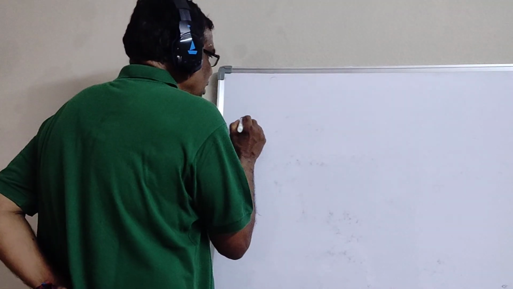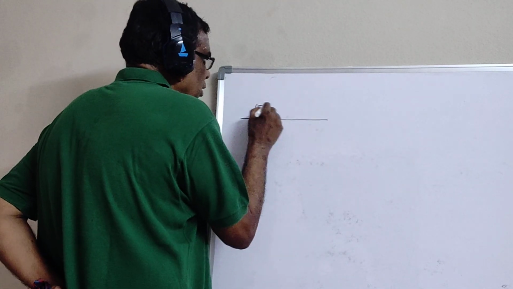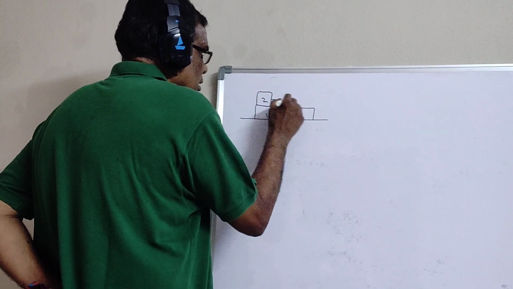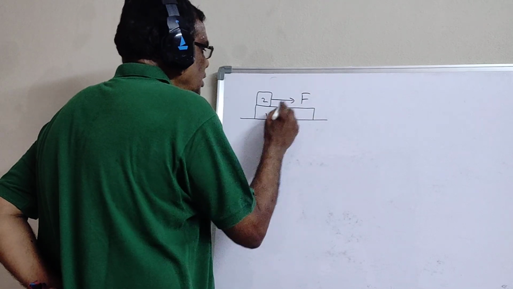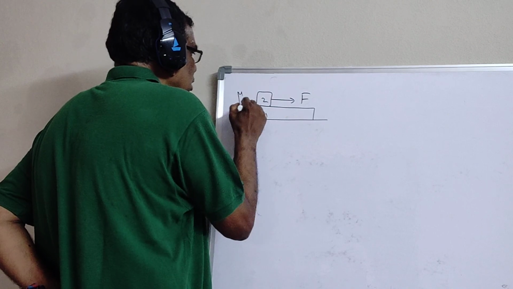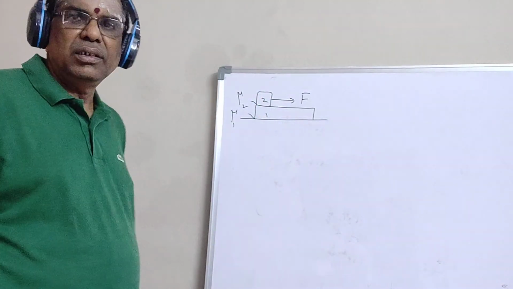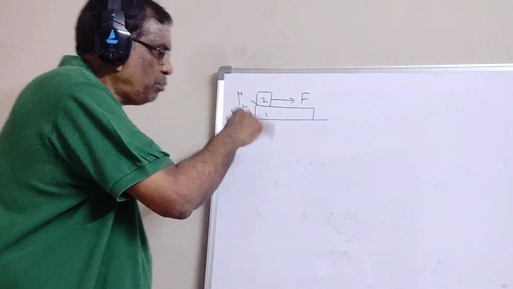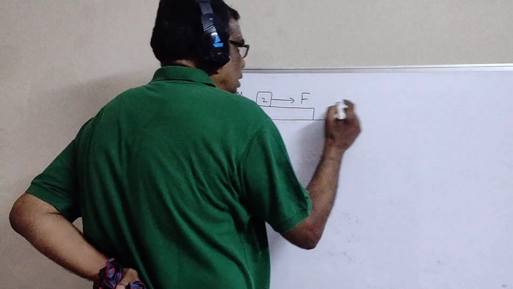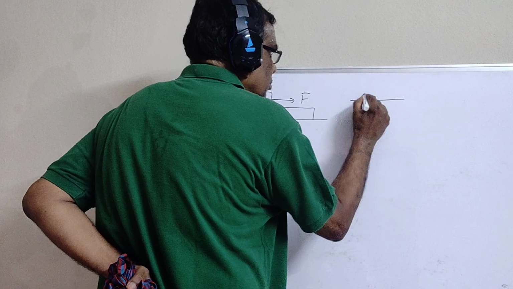Now let us get into the next scenario. F is applied on the upper body. Now I am presuming all are slipping. How do I write for the lower body?